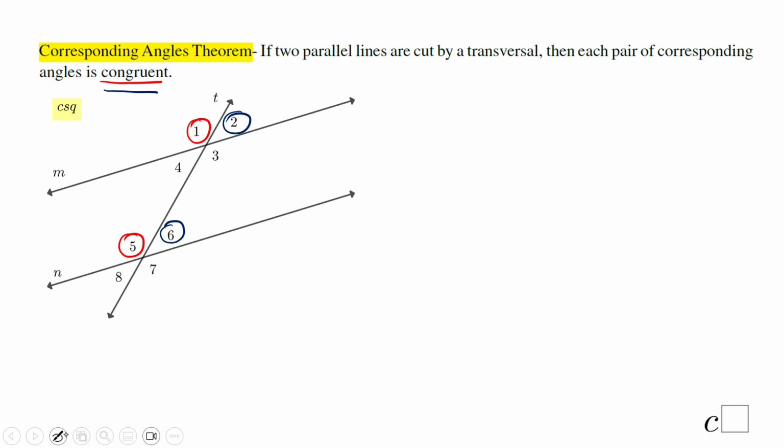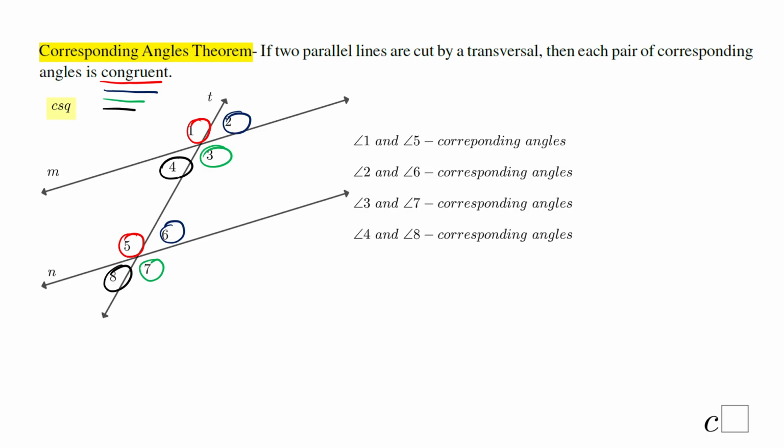Do we have another set? 3 and 7. Congruent again. And the last one, 4 and 8. Congruent again. This is the only type of angles where we have 4, right?